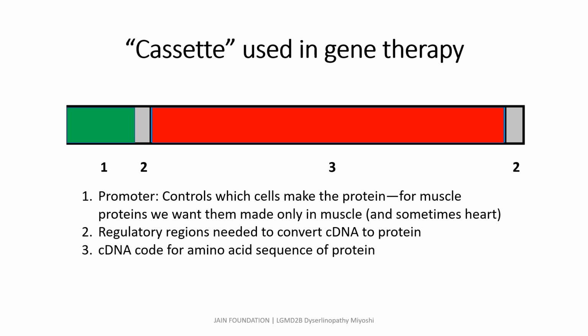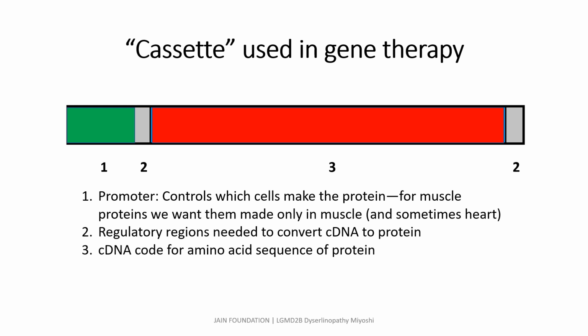Okay, so we've got the cDNA that has the instructions for putting together the amino acids to make the protein, but we need a couple of other things to be put into the cell for this to work. One is what's called a promoter. The reason for a promoter is that every cell in our body contains all the genetic instructions for every protein that our body ever makes. But not every cell makes every protein.